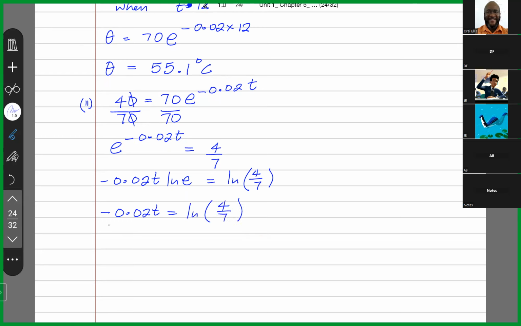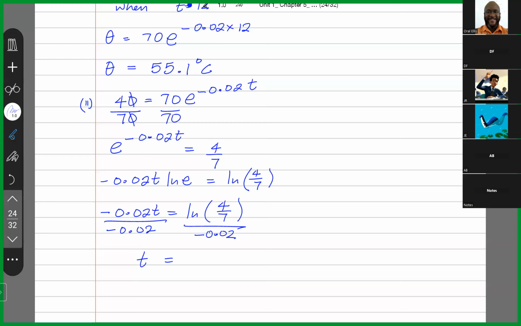Now, if I divide both sides by minus 0.02, I'm going to get that t is, can somebody put that in the calculator and tell me what they get?